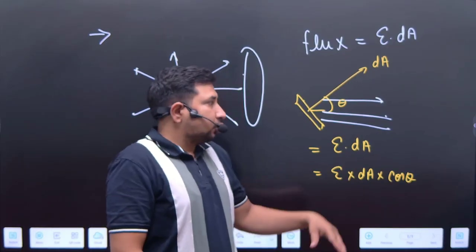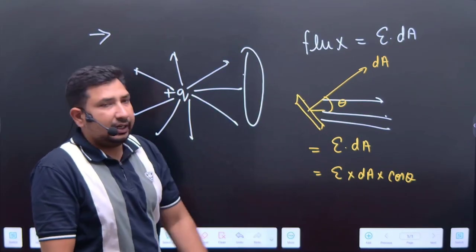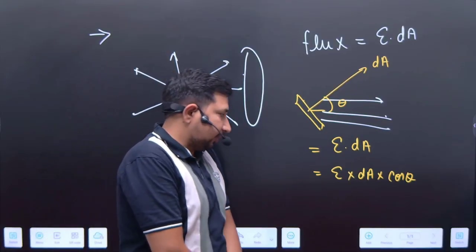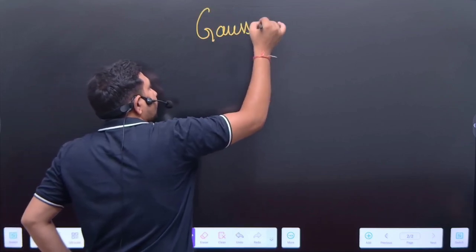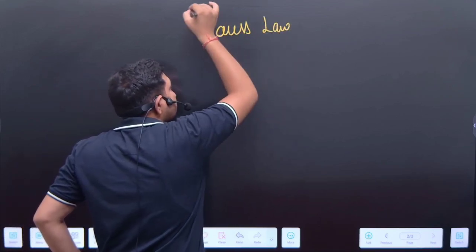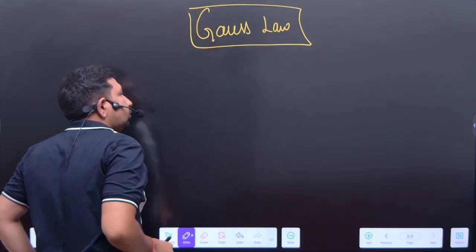All right, so this was the basic idea about electrical flux. Now let us understand the Gauss law, or the Gauss theorem.